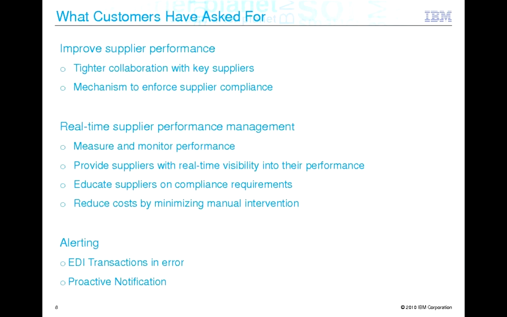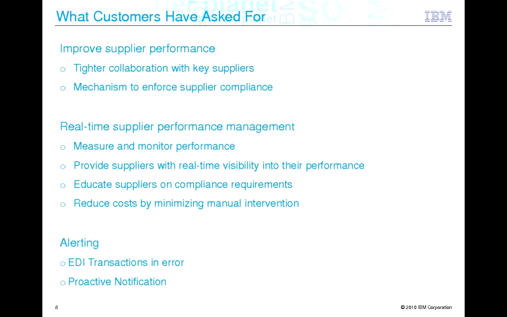Another thing, again, in supplier performance management, is measure and monitor. It's also providing the suppliers with the same level of information that you're seeing. So if I am receiving information from my suppliers and I notice that somebody's going to be late, I can send them a notification that says you're about to miss a deadline, or through the supplier portal I can show them their order and all those details so they can see exactly what's going to be late.